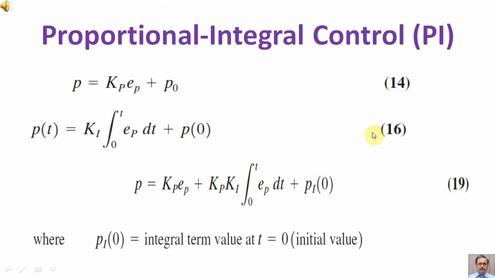Then we have equation 16 for the integral control mode, and by the combination of 14 and 16 we get equation 19 for proportional integral control PI, where PI naught is equal to the integral term value at t equal to 0, the initial value.